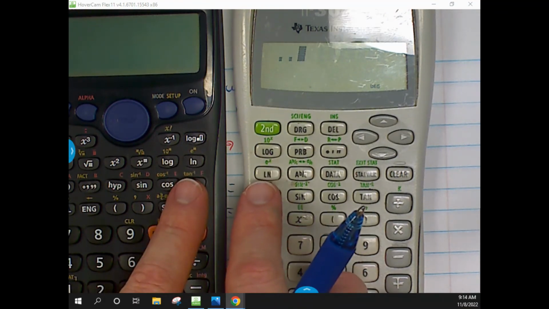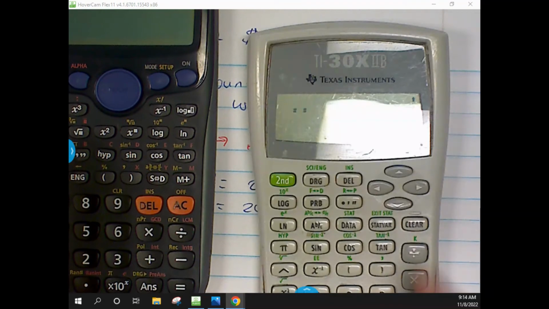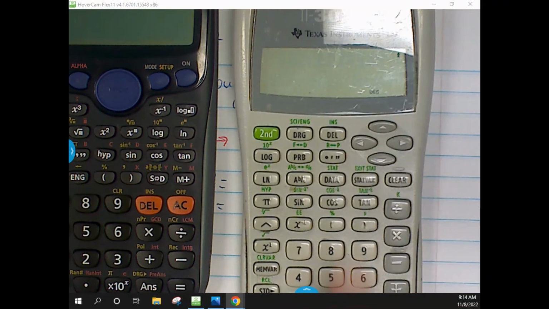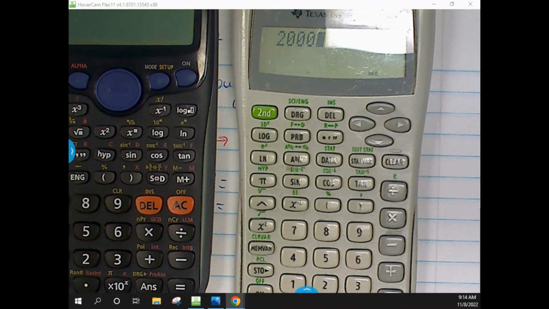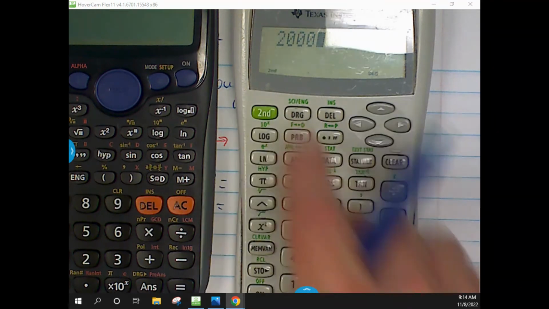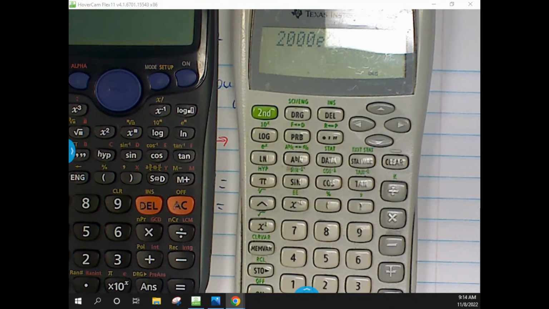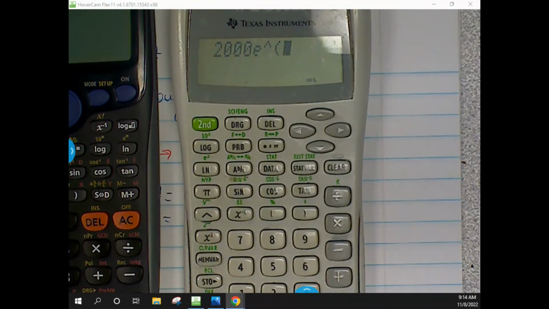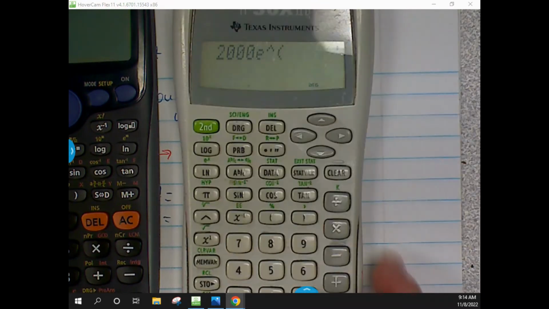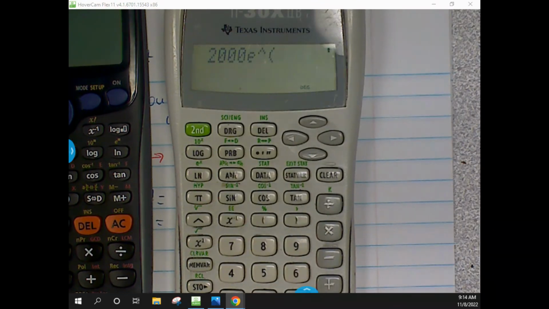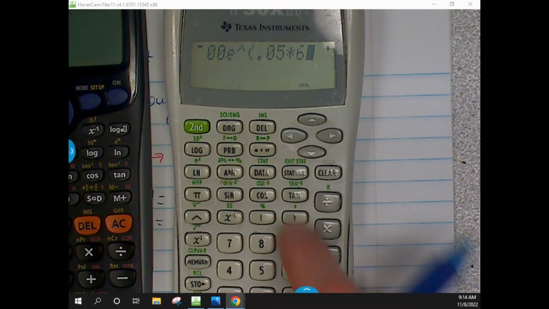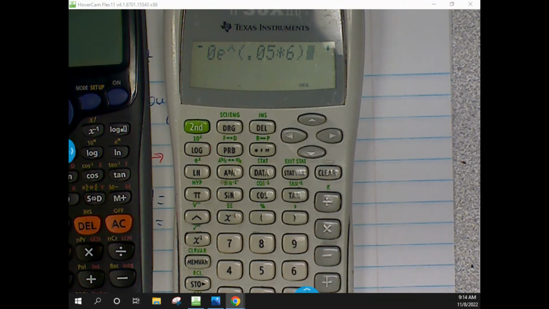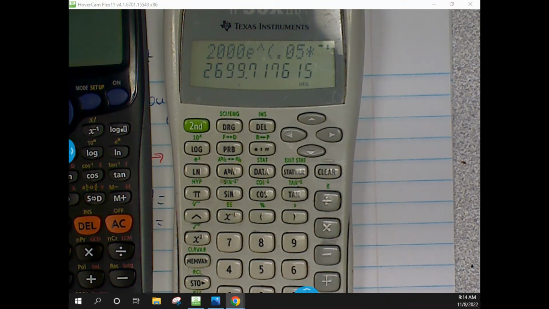That's the E you have to use for this formula. So on this one, we'll do the Texas Instrument here. It's 2,000. You hit second and then the LN button to get the E to show up. And then you put in 0.3 there. You could also do the 0.05 times 6 and close off parentheses and you'd be okay there. So we get 2,699.72.